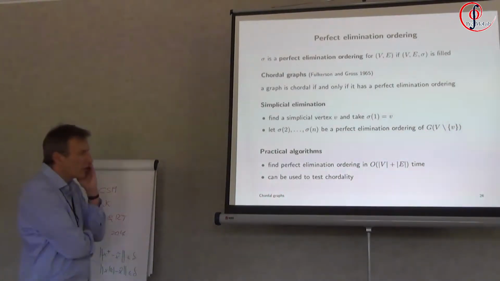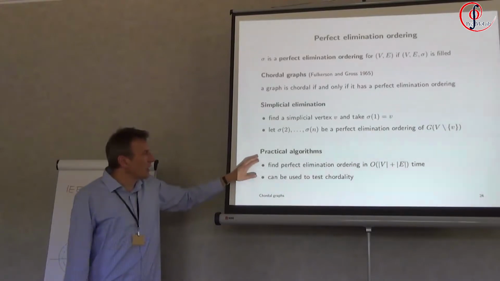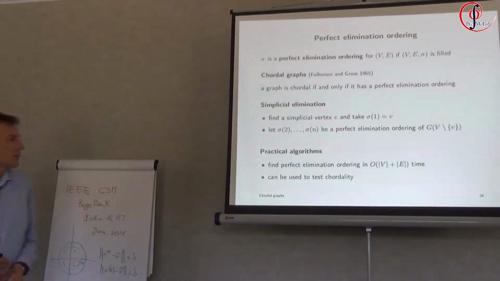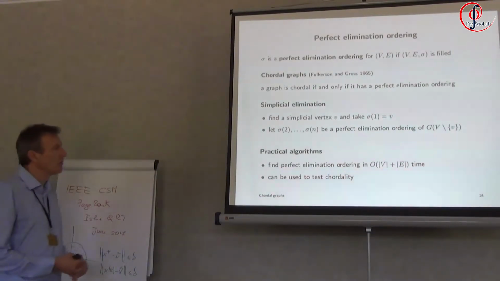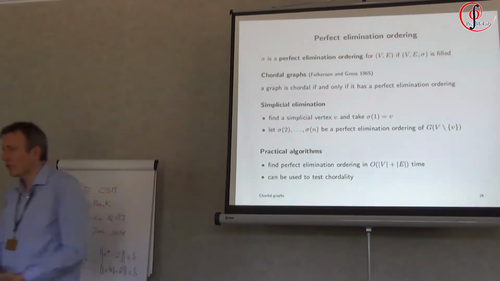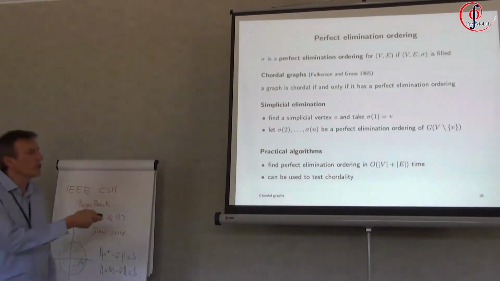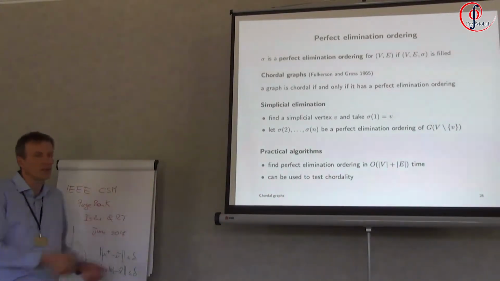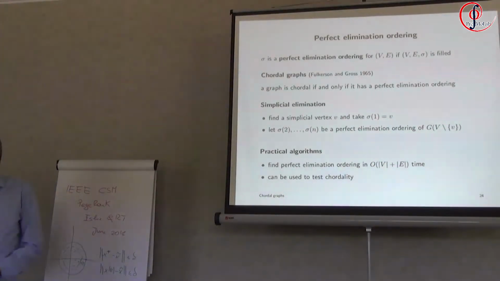There exist many algorithms to do this, but it can be done in linear time, linear in the size of the graph, in vertices and edges. And that also gives you an efficient way of testing chordality. Just try to find a perfect elimination ordering. If it succeeds, then that's a proof that it's a chordal graph. If it fails, then it's not a chordal graph.